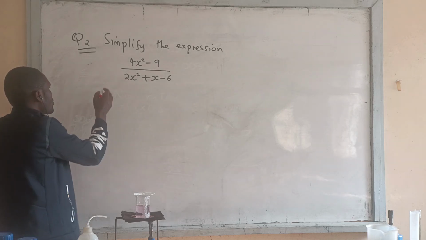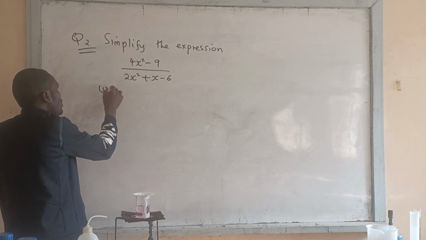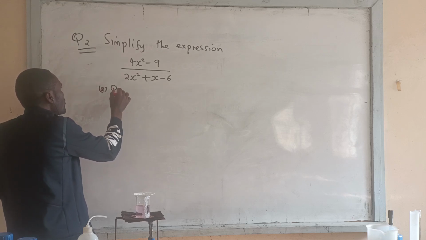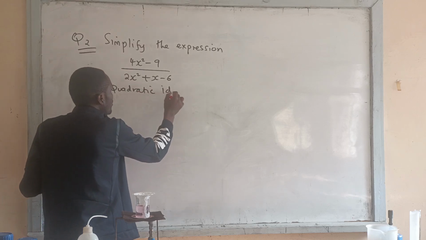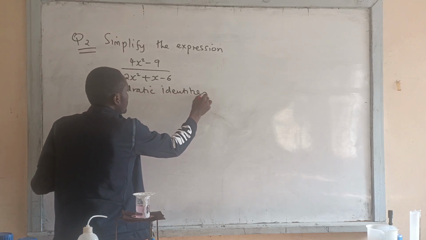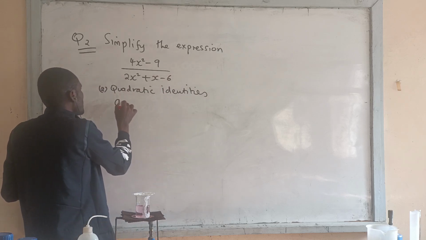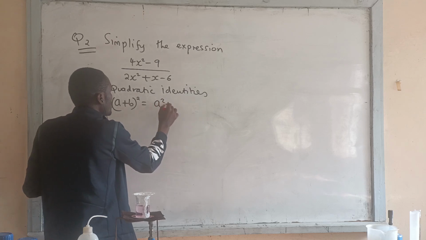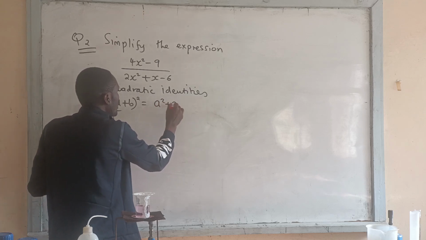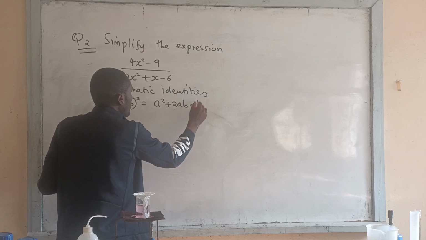And of course, we need to first understand that there are three different quadratic identities that are going to help us work out this question. The first quadratic identity states that (a plus b) squared is equal to a squared plus 2ab plus b squared.